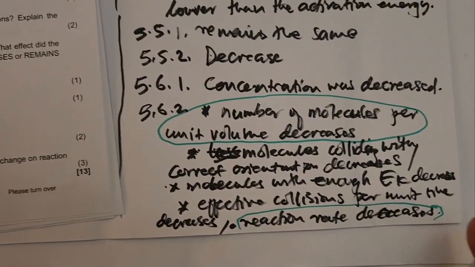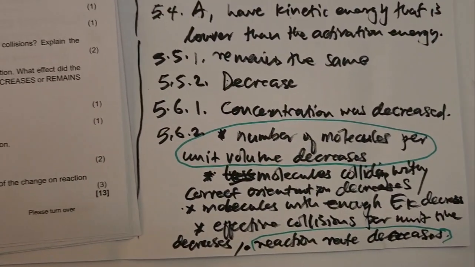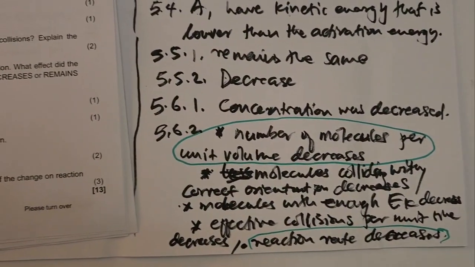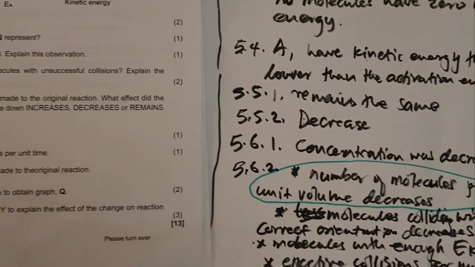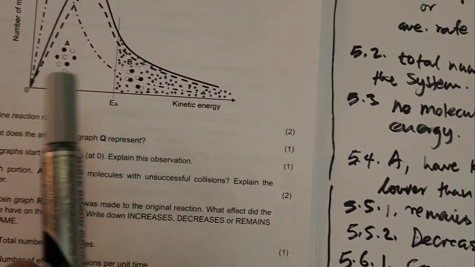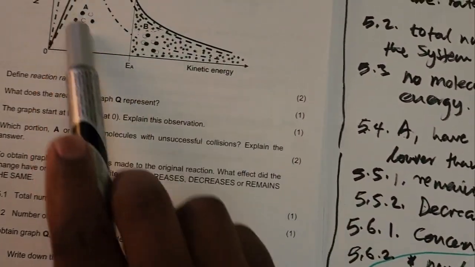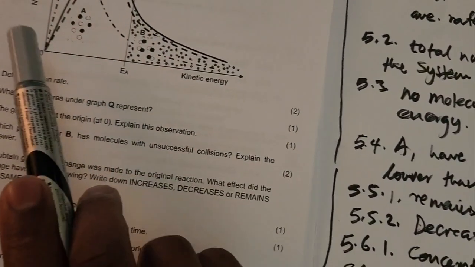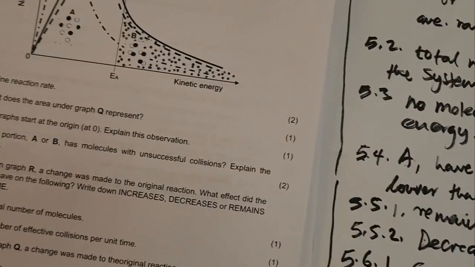I think this brought us to the end of this reaction rate topic. Very important. Remember, in this collision theory, why the graphs start from 0: no molecules in the system have 0 kinetic energy.